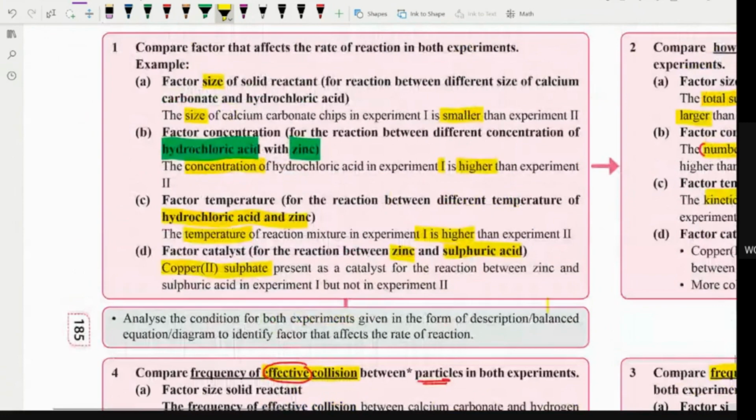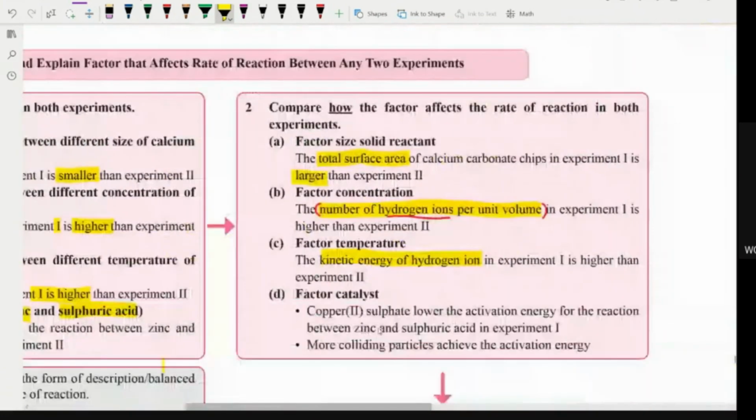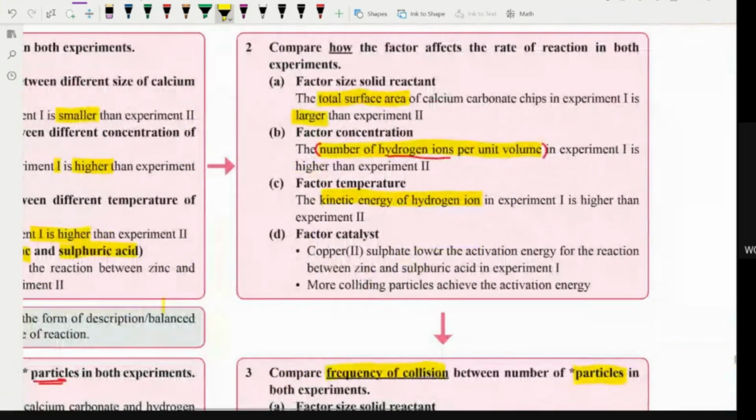Copper(II) sulfate will lower the activation energy. So this one is a bit different now. It lowers the activation energy for the reaction between the zinc and the sulfuric acid in experiment 1. So more colliding particles will achieve the lower activation energy. So these two are different.